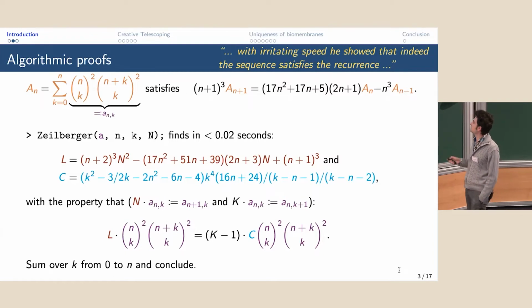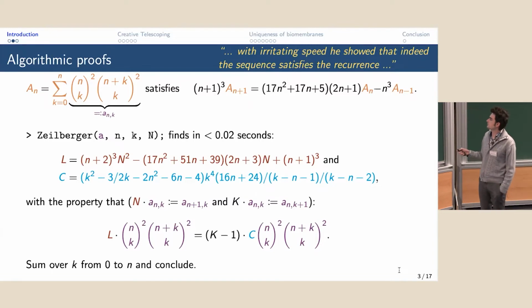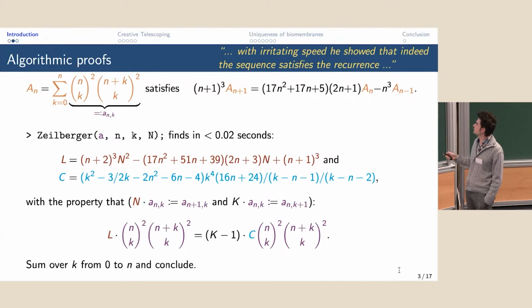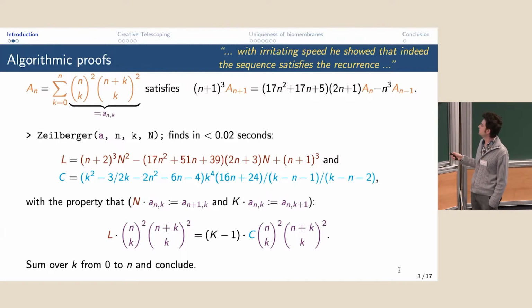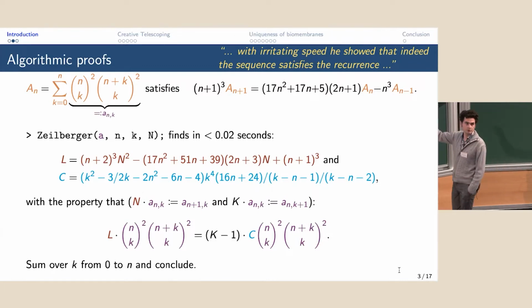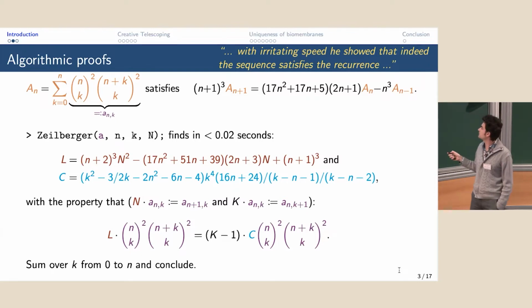This rational function c has the property that if you apply this operator not to the whole sum, but just to these binomials, then you get this thing. Here k shifts k by 1, and big N shifts n by 1, and so you get this identity, which you can very easily check. This is just a product which you multiply out and check that this is true with these two things.